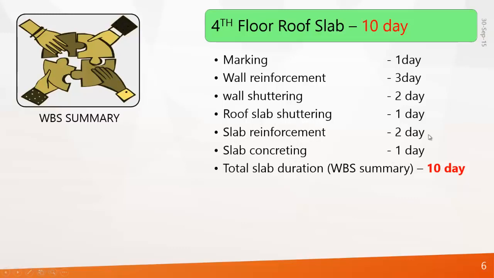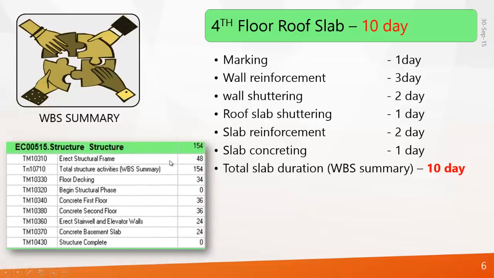Total cost for all these activities can be dumped into one activity called total slab duration, and you can change it to WBS summary because these activities take their duration from their WBS. You can see an example done in Primavera. Here you can see this is a WBS summary activity which takes its duration from its WBS. So WBS summary activities will follow their WBS summary duration.